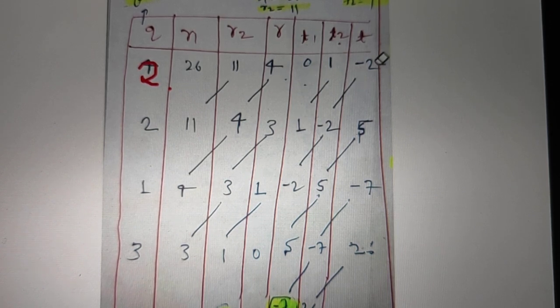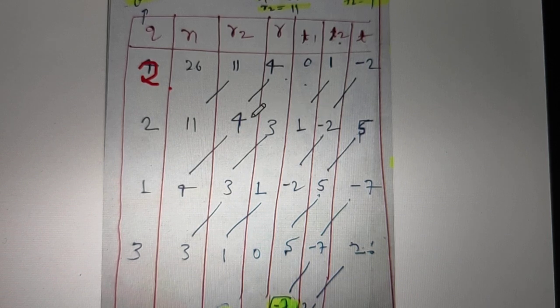Now for the value of T, we use our formula T = T1 minus T2 times Q. We multiply Q by T2, which gives 2, and subtract it from T1, so we get minus 2.